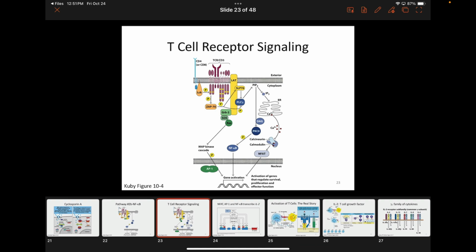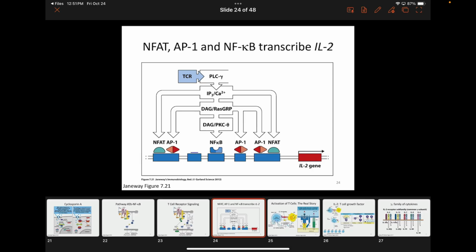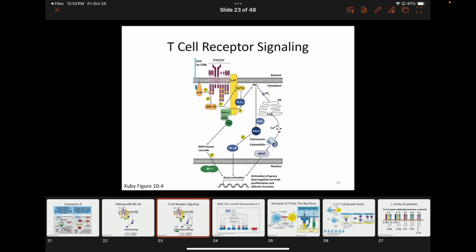In particular, we can get transcription of IL-2, this really important gene that our T cell needs to be activated. So our goal in T cell activation was to get NFAT, AP1, and NF-kappa B so we can make IL-2, and we have succeeded in this goal. So I've got a couple little pieces regarding this that I want to talk about.